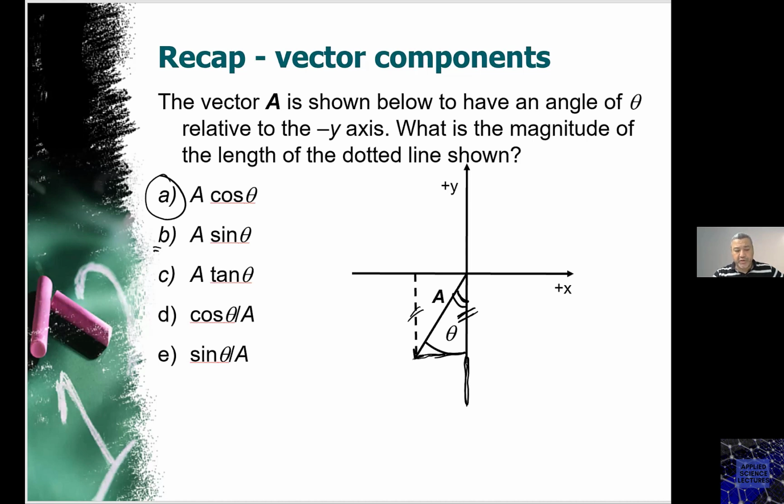So we're always looking at the cosine of the angle between the length of interest and the hypotenuse. Okay. Yes, that makes sense.